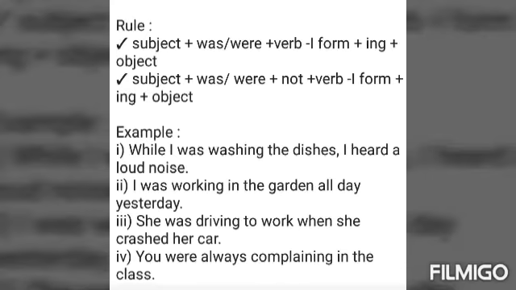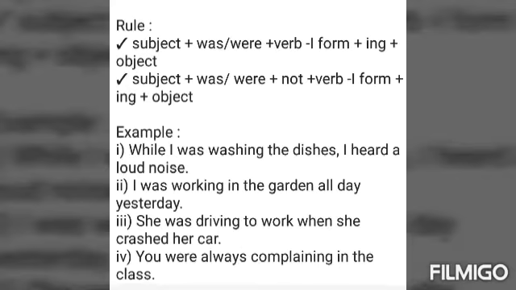Here we have the first example. While I was washing the dishes, I heard a loud noise. Here you can see was plus verb first form plus ing is written. Okay, that is your was washing, and was is used with I here. Next we have, I was working in the garden all day yesterday.